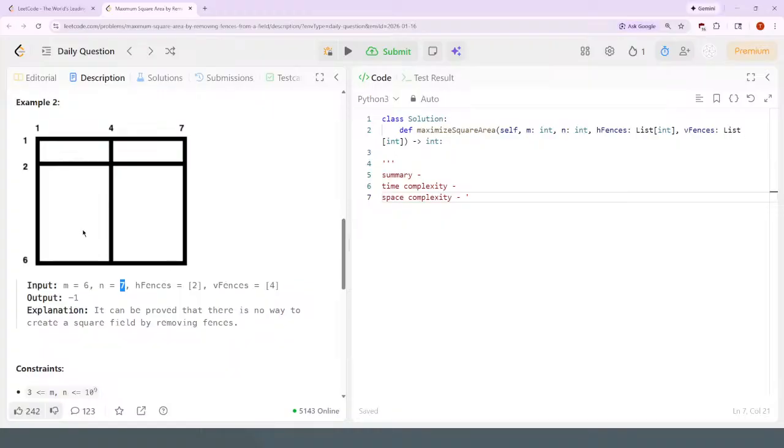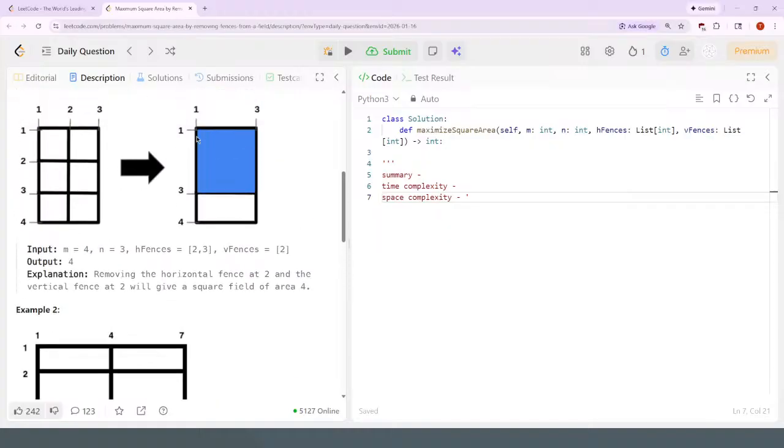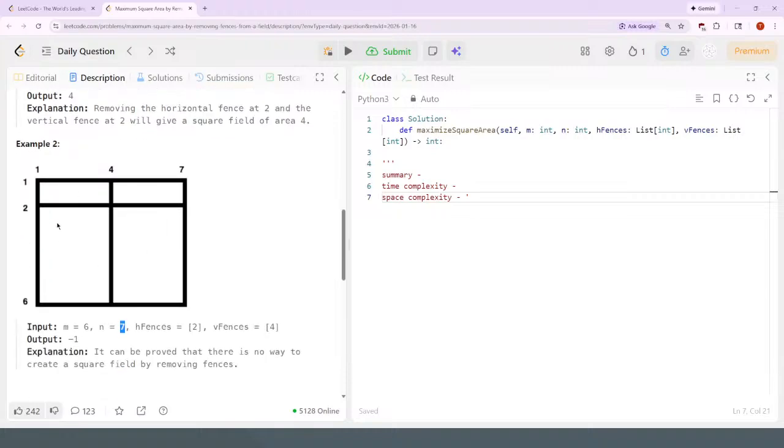I think so. Here there's a fence at 2 and a fence at 4. So if you remove the 2 and 4, you get a 6 by 7. Is that right? No, 5 by 6. Yeah, you get 5 by 6. And then the other things work.